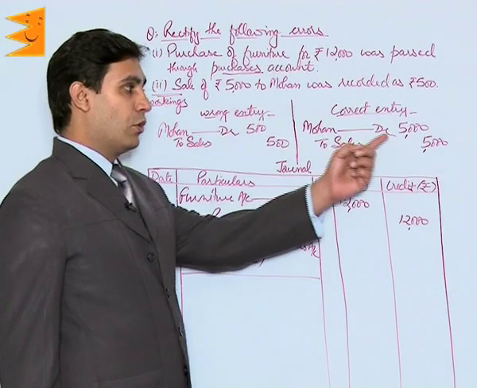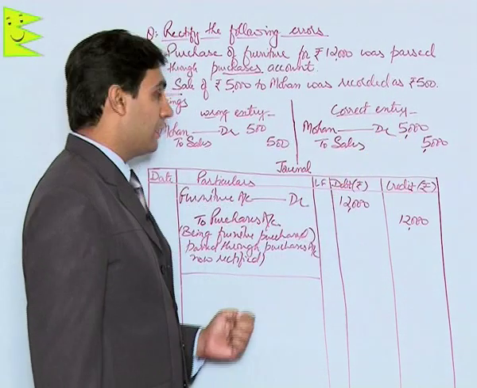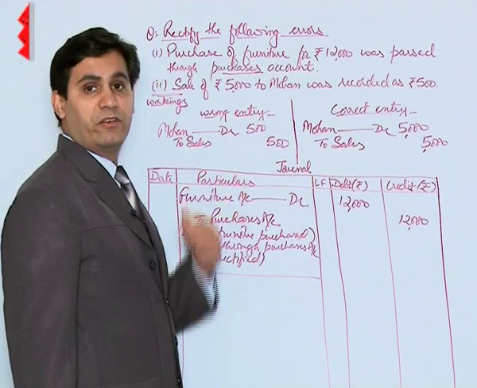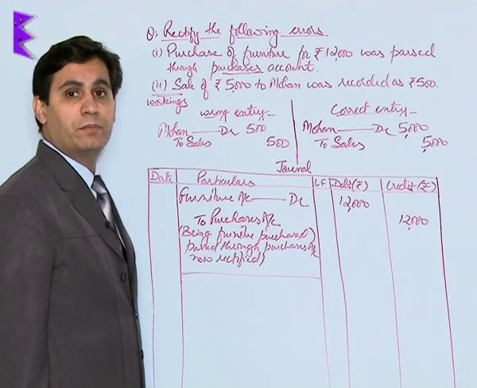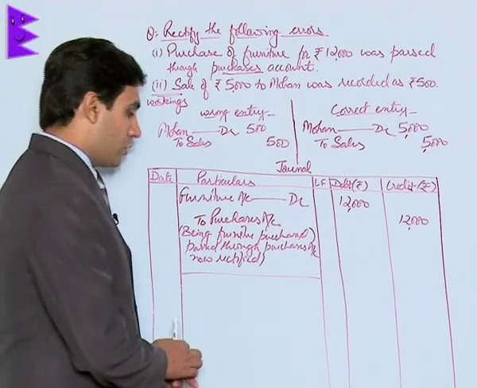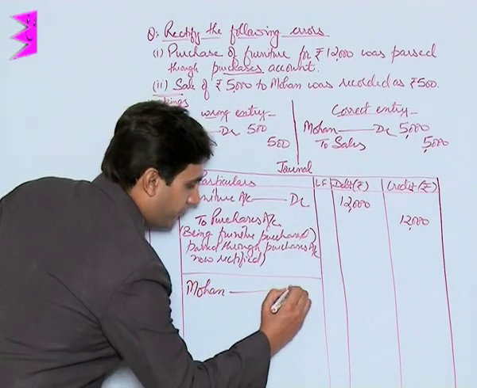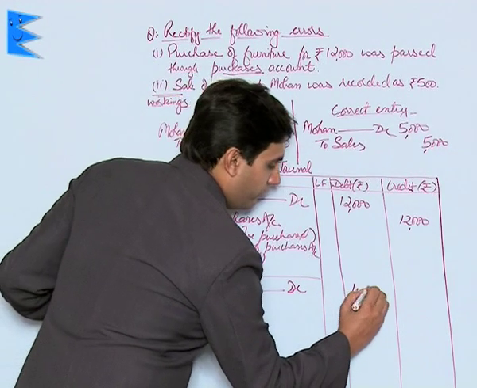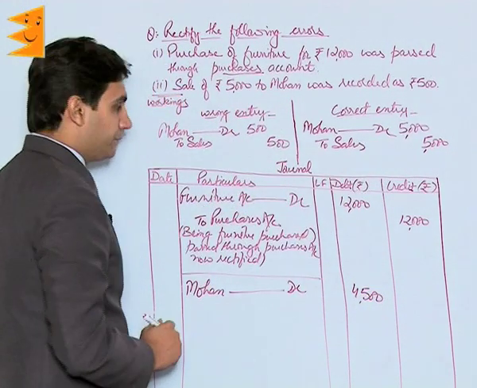That is, the Mohan's account should have been debited by 5,000, but in fact it was debited only with 500. That means 4,500 less debit has been passed through Mohan's account. So let us rectify and debit Mohan's account again, but with 4,500. That is the difference between the two amounts.